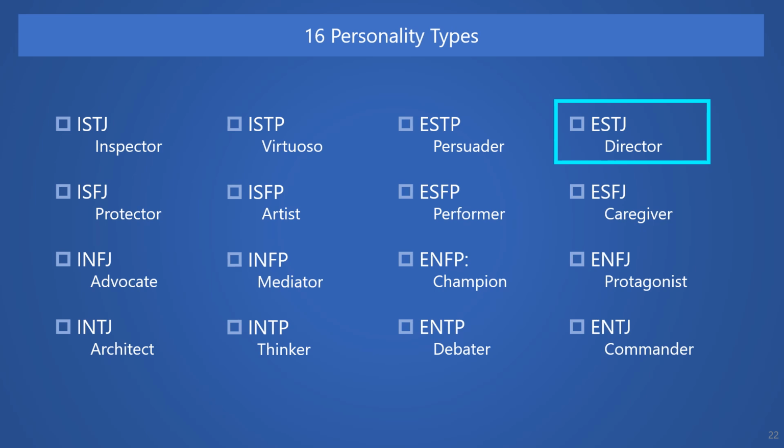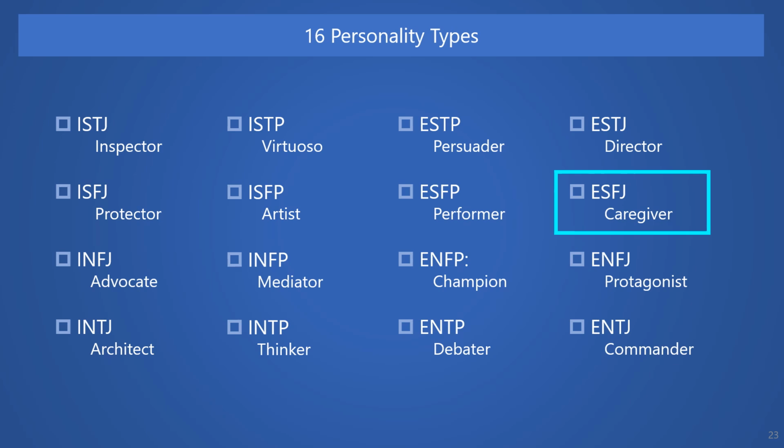ESTJ. Extroversion, sensing, thinking, judging. The director. Organized, practical, and logical. ESFJ. Extroversion, sensing, feeling, judging. The caregiver. Friendly, caring, and cooperative.